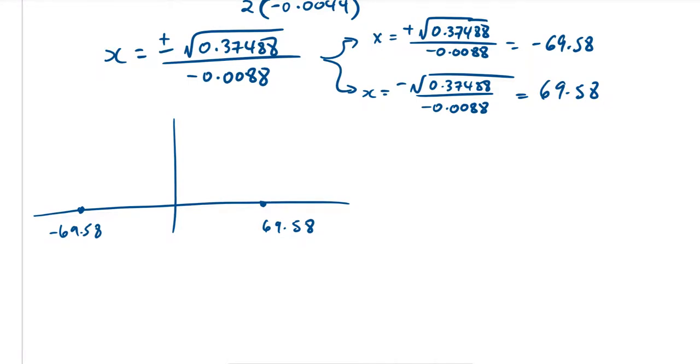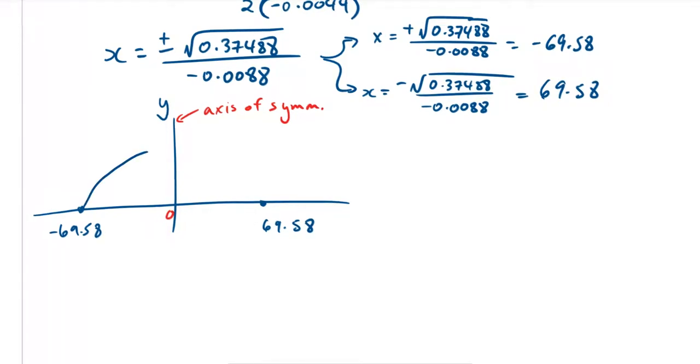If it's negative 69.58 and positive 69.58, where's my vertex going to be? The axis of symmetry is going to be right here on the y-axis, because 0 is the halfway point between negative 69 and positive 69. That means that in this problem, the y-intercept and the vertex are the same point. So what's my y-intercept?